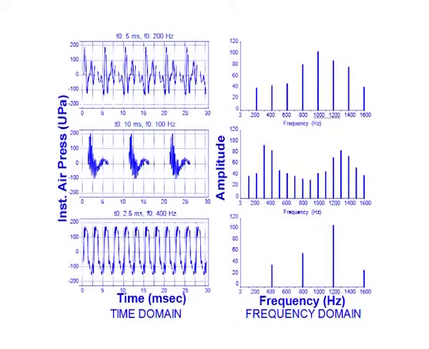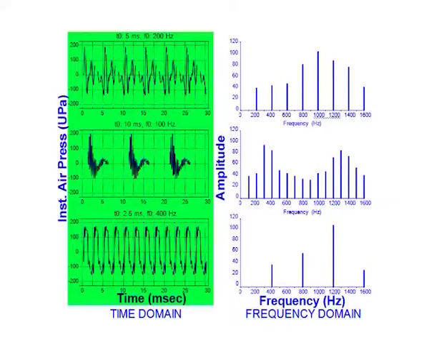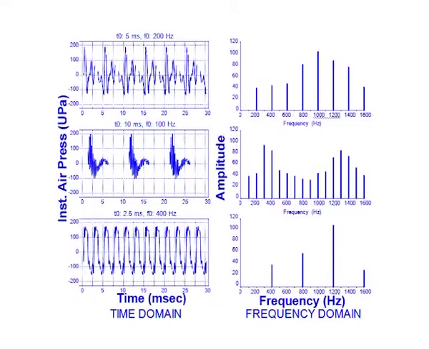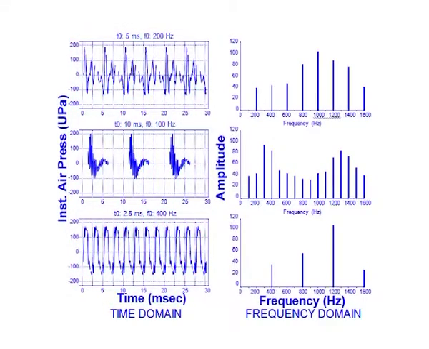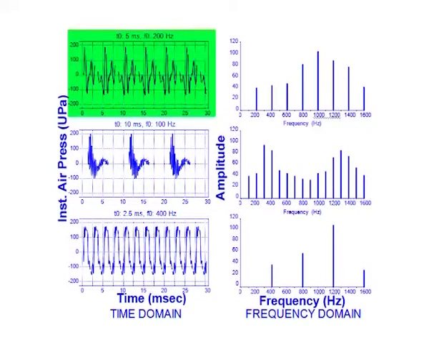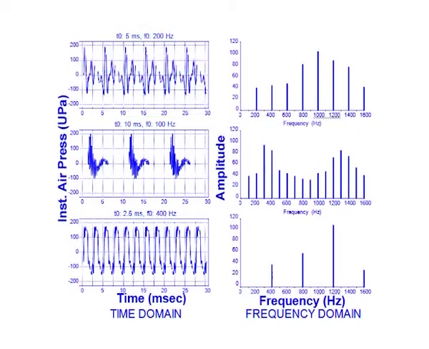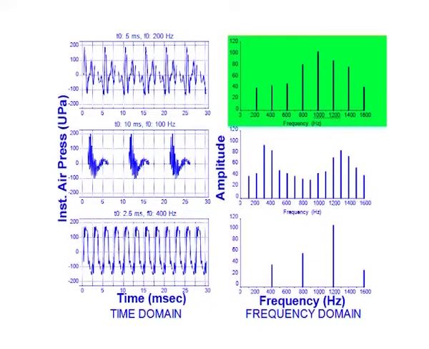Figure 3.11. Time and frequency domain representations of three complex periodic signals. Complex periodic signals have harmonic spectra with energy at the fundamental frequency and at whole number multiples of fundamental frequency: F0, 2 F0, 3 F0, 4 F0, etc. For example, the signal in the upper left with the fundamental frequency of 200 Hz shows energy at 200 Hz, 400 Hz, 600 Hz, etc. In the spectra on the right, amplitude is measured in arbitrary units.